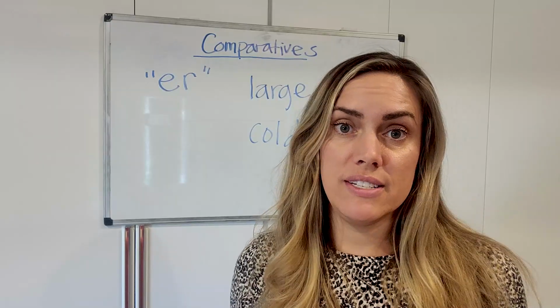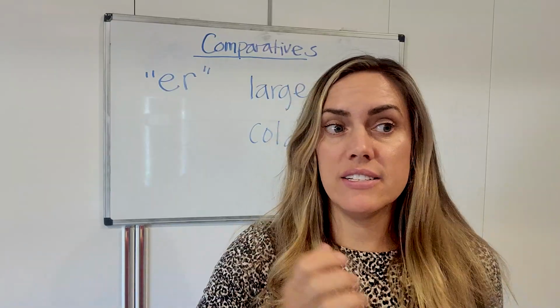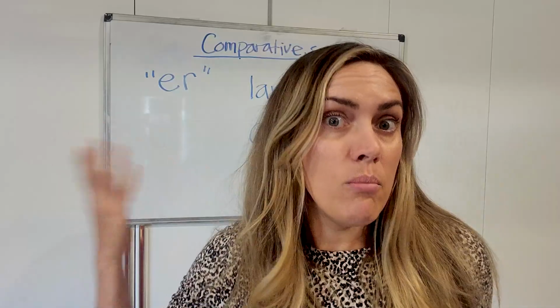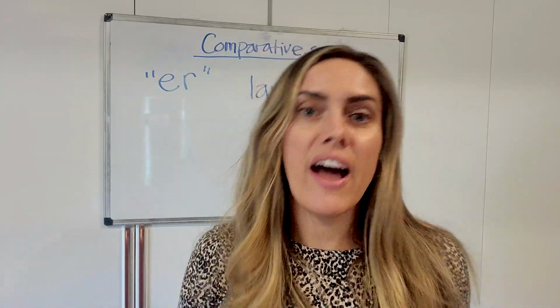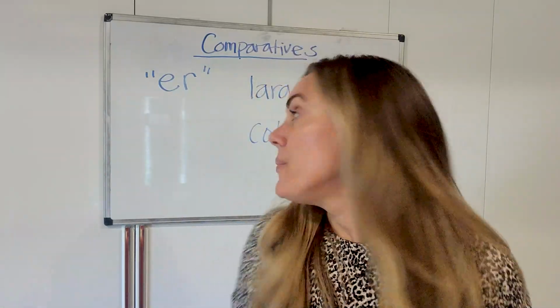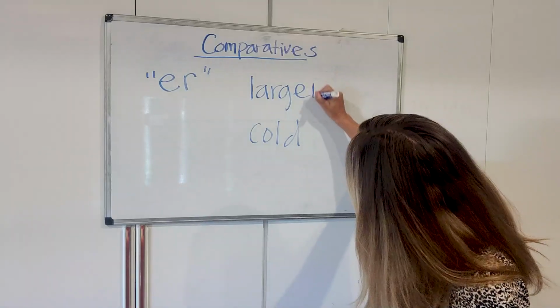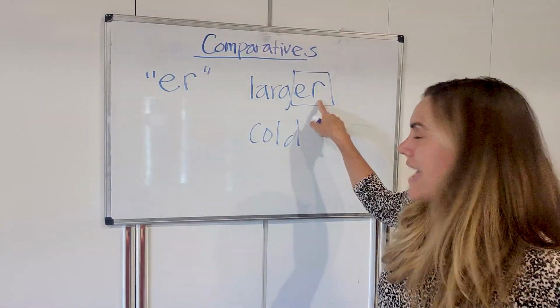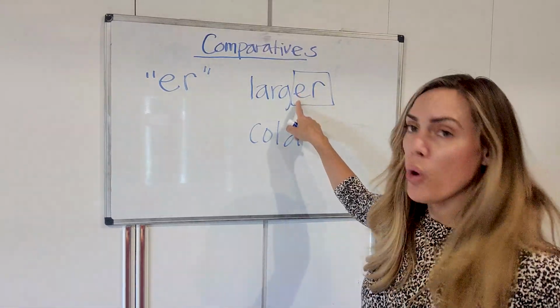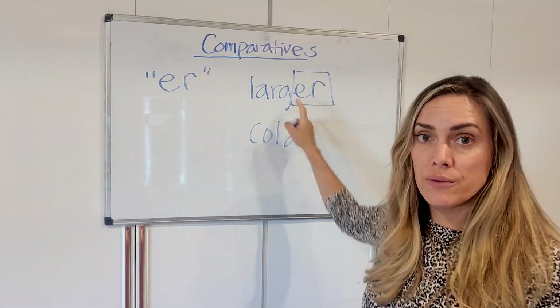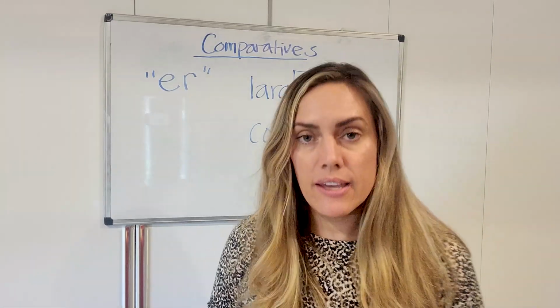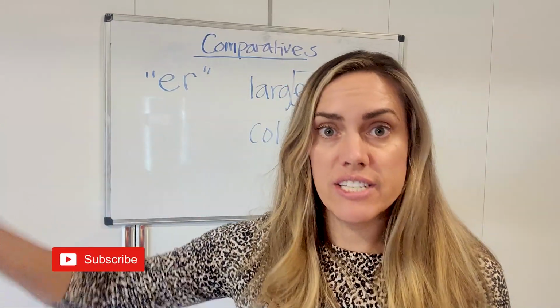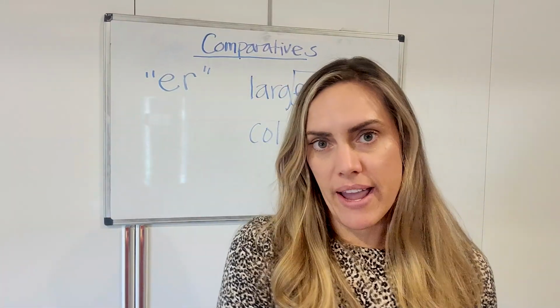So if I want to say that one thing is more than the other, I just need to say larger. And notice I just added an R because there was already an E at the end of the word, okay? So I can say my neighbor's house is larger than my house.